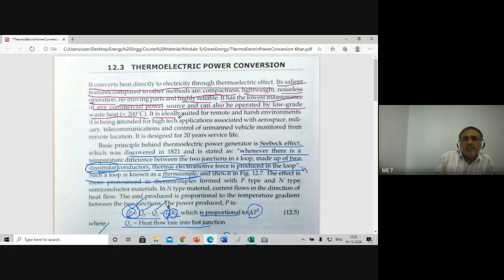It is ideally suited for remote and harsh environments. It is being intended for high-tech applications associated with aerospace, military, telecommunication, and control of unmanned vehicles monitored from a remote location. It is designed for 20 years of service life.